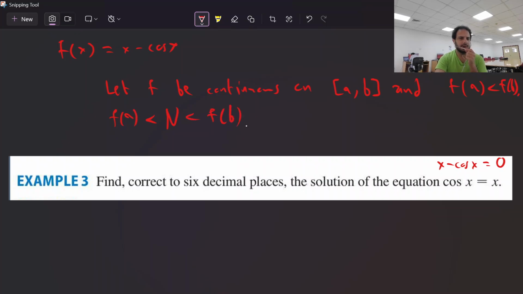Then what's the result of this? Then there exists x1 in the open interval (a, b) such that f(x1) equals n. Good?